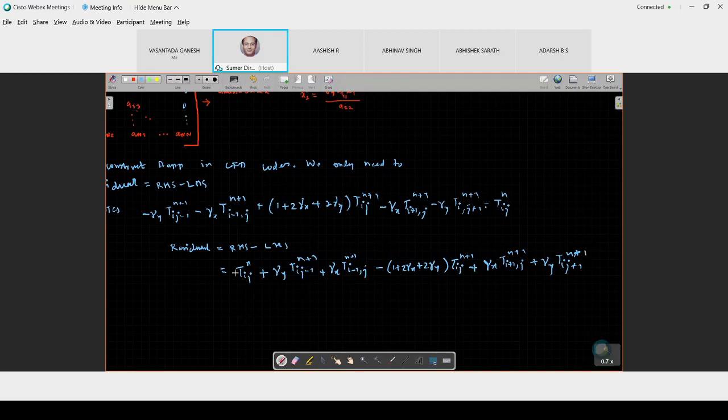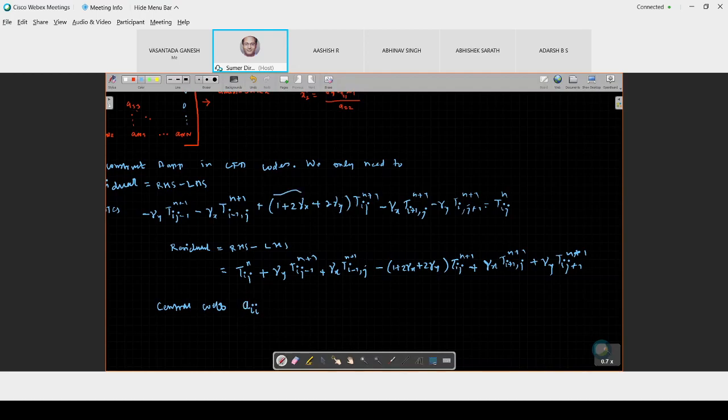And what is the central coefficient? It should always be a_ii. Central coefficient is a_ii. What is a_ii in this case?